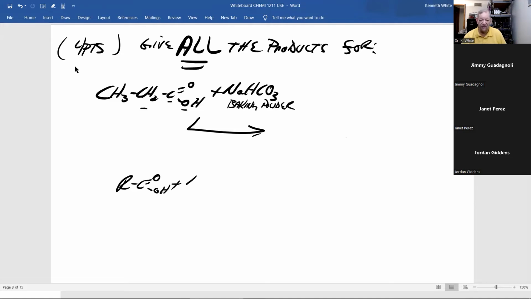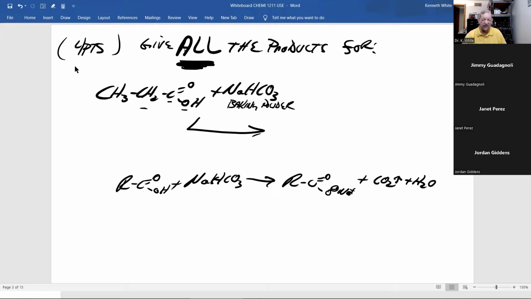And when we react that, this is a mild base, a weak base. And what do you get? You get the carboxylate anion of the carboxylic acid you started with. And since it asks for all the products, you also get CO2, and the arrow up tells you that's given off as a gas, and you get water.